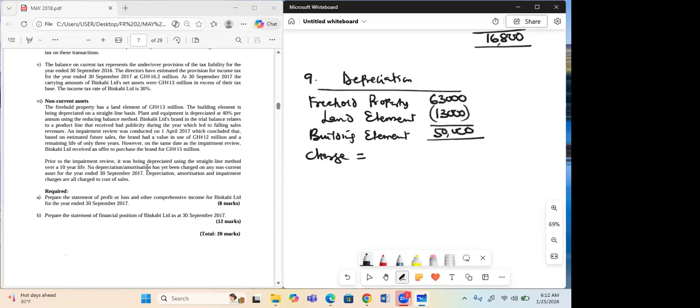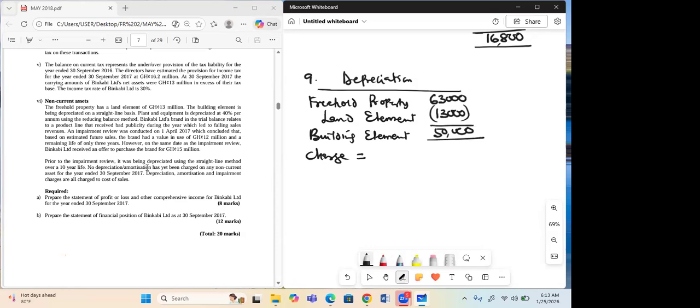No, that's the brand though. The 10 years is for the brand. Read work. He said the freehold property has a land element of 13. The building element is being depreciated on a straight line basis. Plant and equipment is depreciated 40% using reducing balance. The Inkabi Limited brand relates to a product that received bad publicity during the year, which led to falling sales revenue.